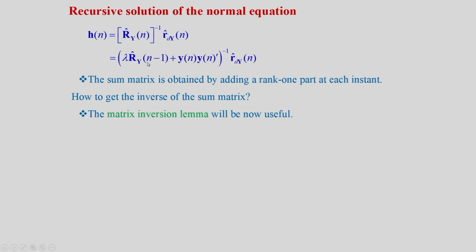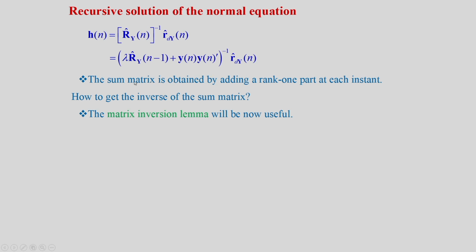This sum matrix is obtained by adding a rank 1 part. This is the rank 1 part, because there is only one column, and you take that column times its transpose and get the matrix. This is a rank 1 matrix.